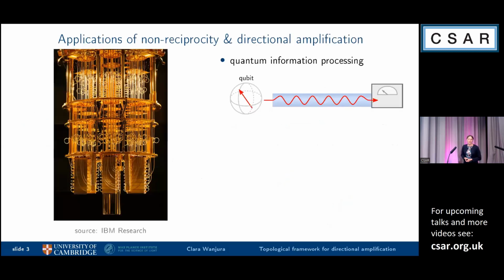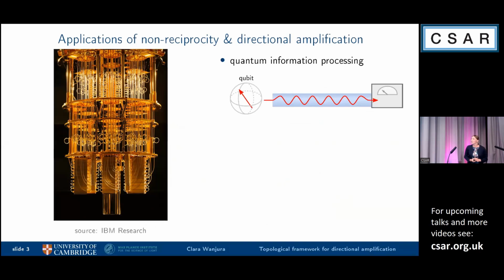There is another application of non-reciprocity, and that is in the realm of quantum information processing, and this is where my work becomes particularly important. Now, here on the left, you can see an image of one of IBM's quantum computers, and as you may be able to tell from this image, this is a fairly large device, even though the actual quantum chip only sits down here.